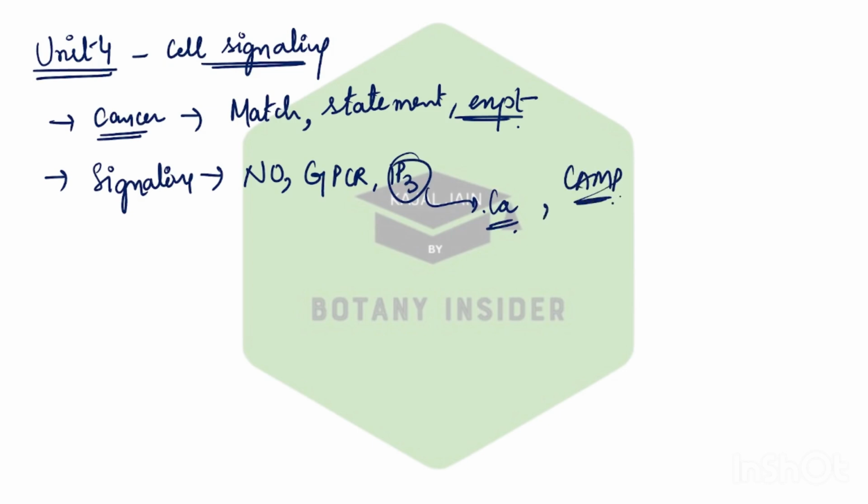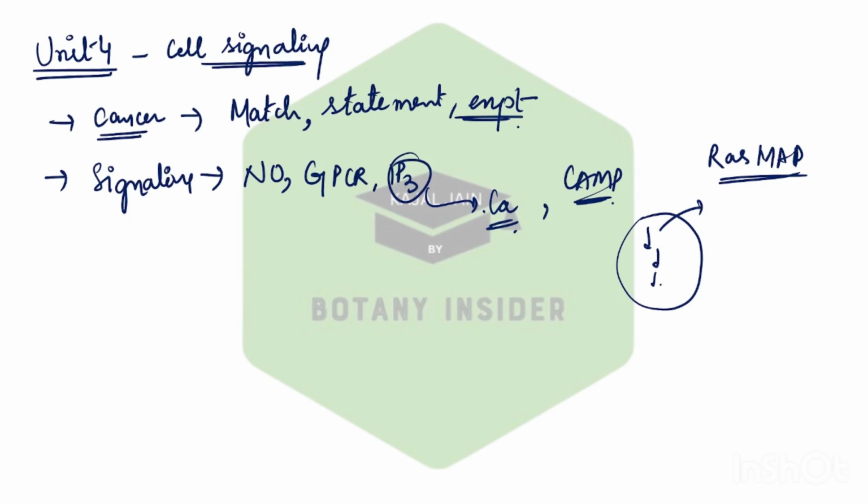In the recent paper, a pictorial representation was given and they asked about the four main components in it. That was a new and unique type of question, asking about the Ras MAP kinase pathway. Just the representation was a bit different, otherwise the question was very easy, right? So make sure to revise all these things properly.